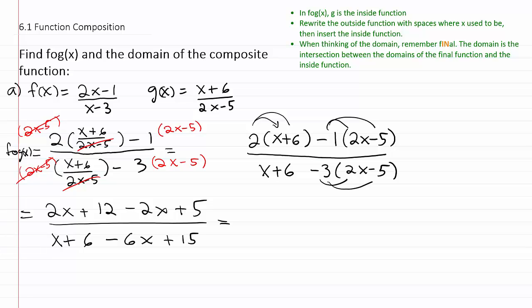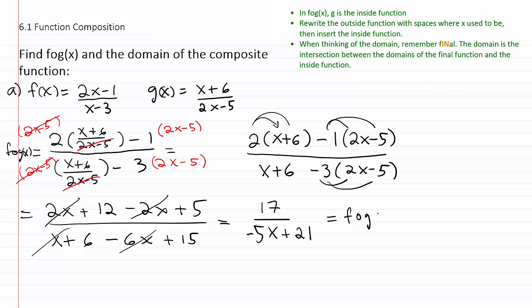And then from there, you just need to combine like terms. So look at the two x's here, they'll cancel out, it gives you 17. And in the denominator, you basically have negative 5x, after combining the x's, and then 6 plus 15 gives you 21. Okay, very good. That is your final function, and that is your f of g of x function.